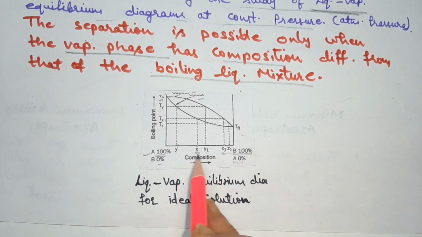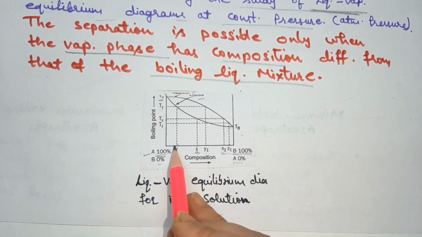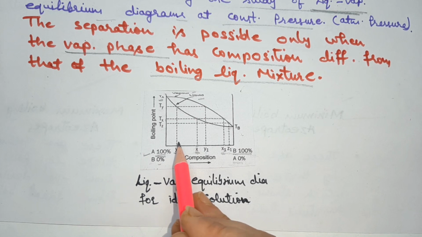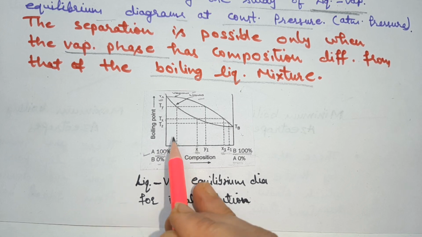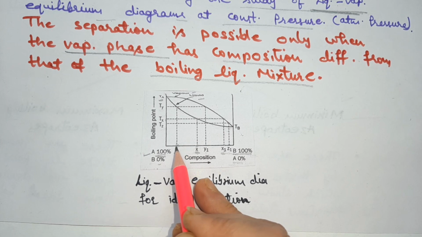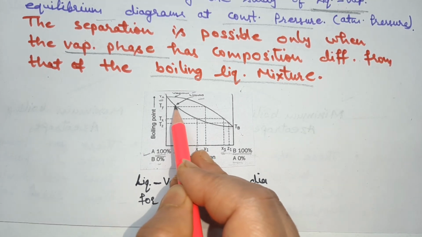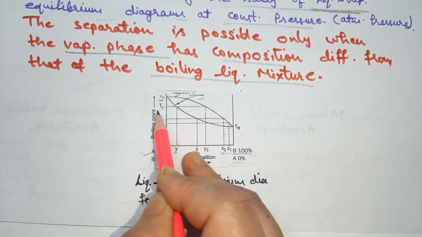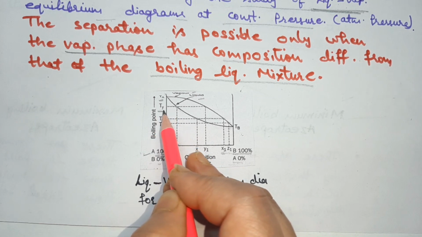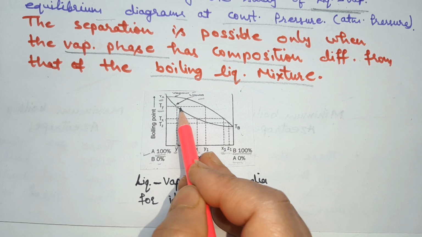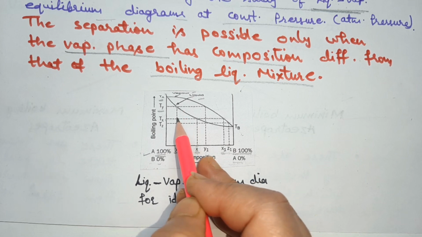So again let us choose one more composition. Let us take a new composition, let's say it is Y. So the liquid now cannot boil at Tx. Now it will boil at a different temperature. With respect to this composition, this liquid mixture will boil at temperature Ty. So this will require a higher temperature as compared to Tx.